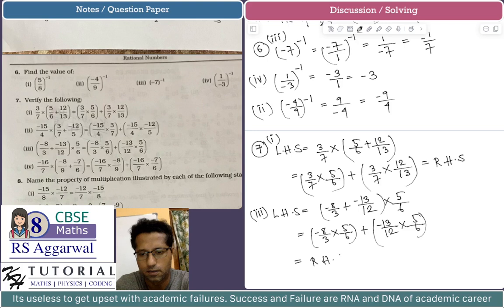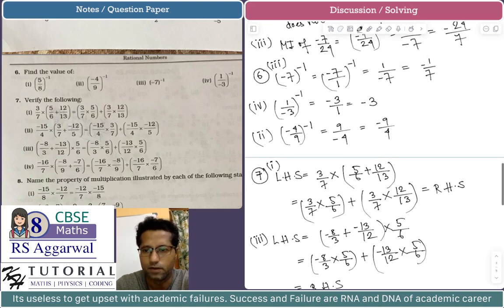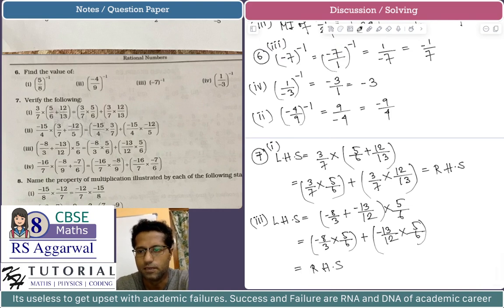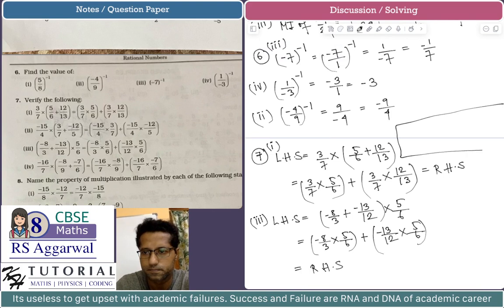Now, what is the law that we are using? In the first case, the law that I used, the first part, problem number 1 of problem 7, was this: let's consider x, y, z are rational numbers.